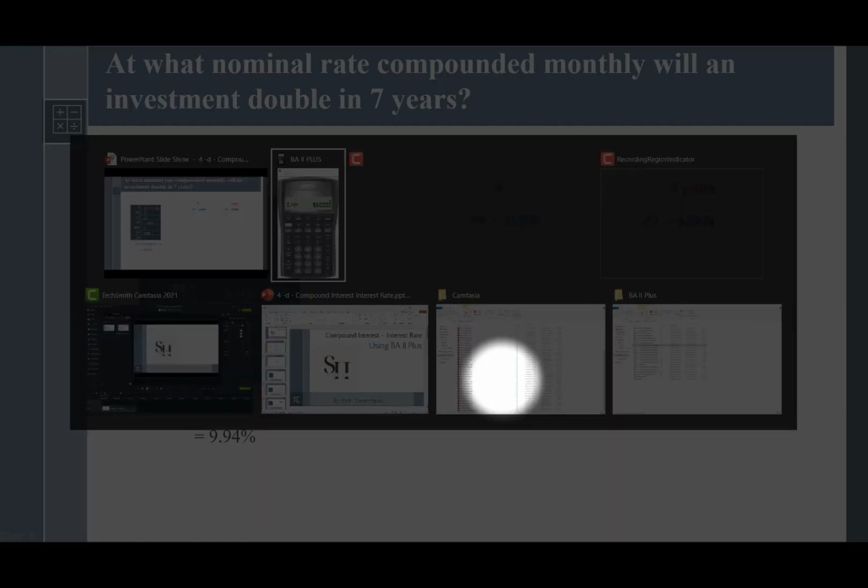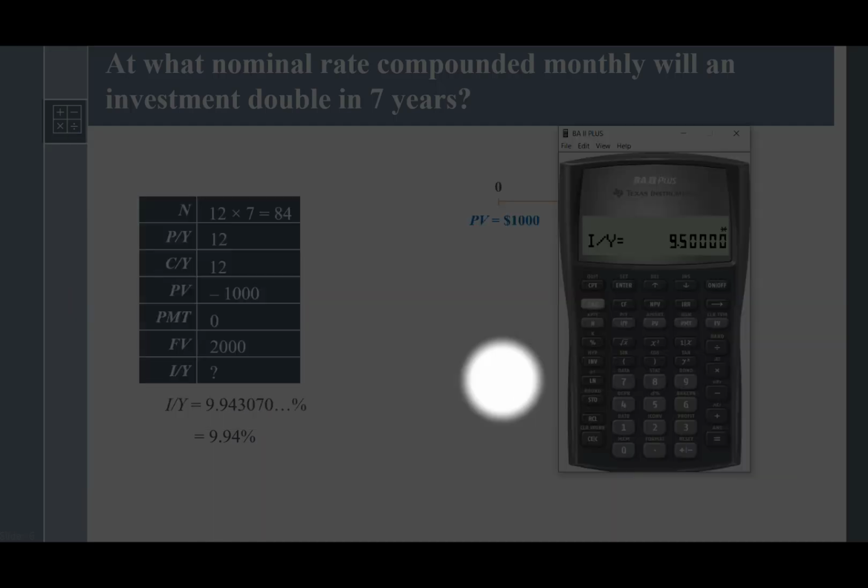So one more time, let's bring our calculator. Let's clear everything. So 84, one more time, press N. This time I will enter the present value first, the PMT, and future value.